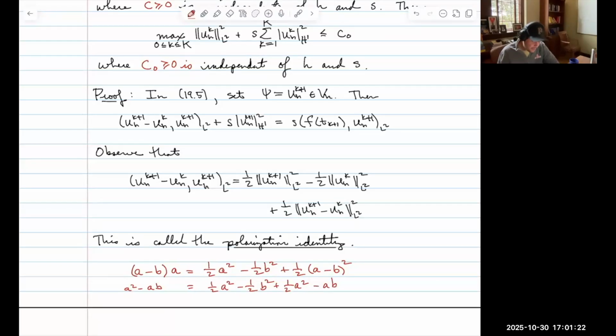And then the last term is going to be plus 1/2 B squared. The 1/2 B squared cancels with the 1/2 B squared. The 1/2 A squared and the 1/2 A squared add to give A squared. So I get A squared minus AB. So it checks out. So I'll erase all that work that we did down there, and I'll simply put that the polarization identity above follows from this simple version of the polarization identity.